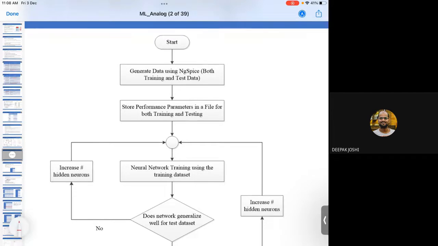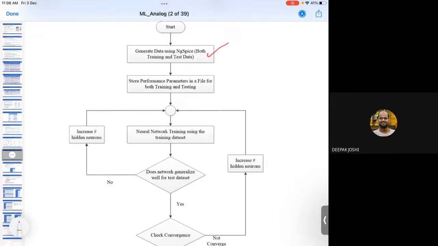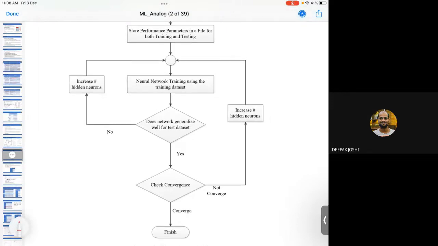Okay, so first of all, the data is generated using ngSpice, which is open source, available to all. Okay, and then we have trained it, and according to the requirement we have found it, and then we have checked for the convergence.